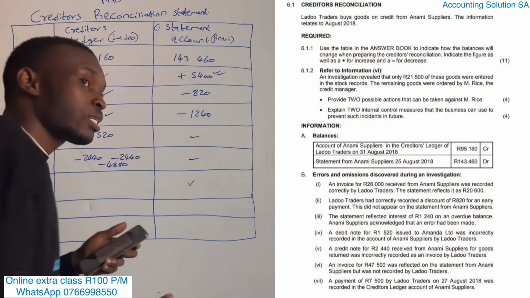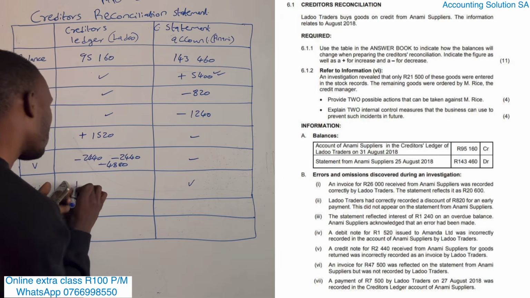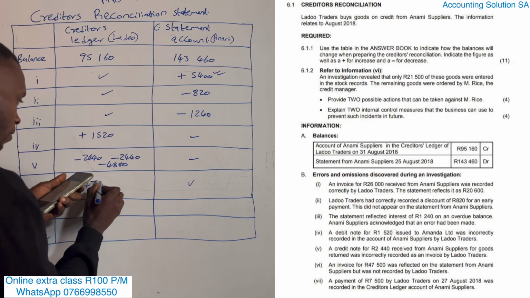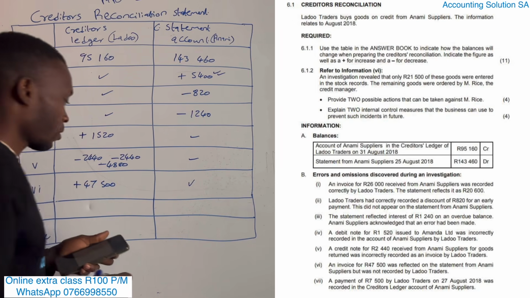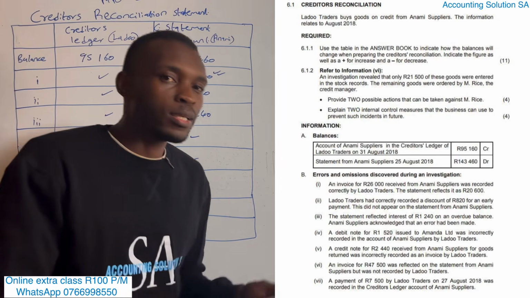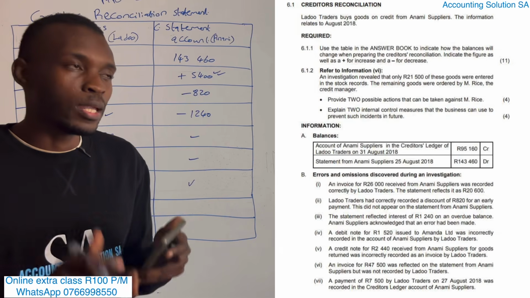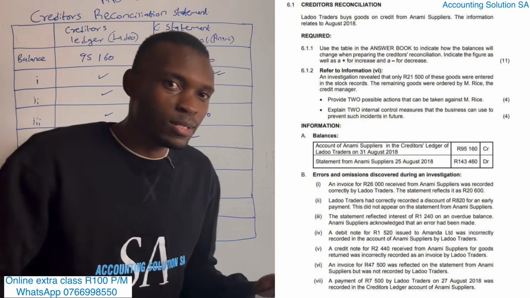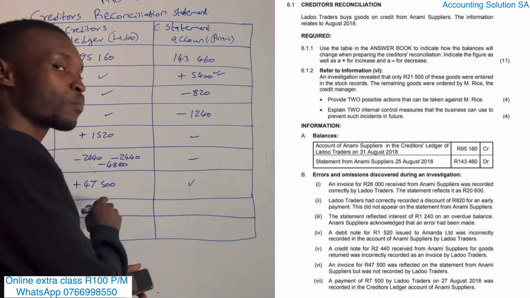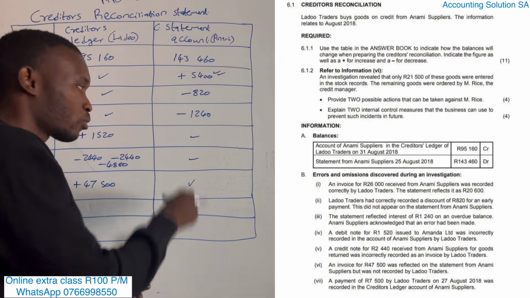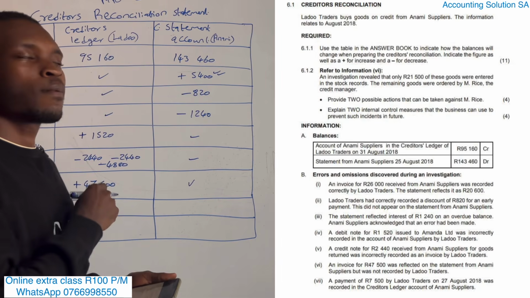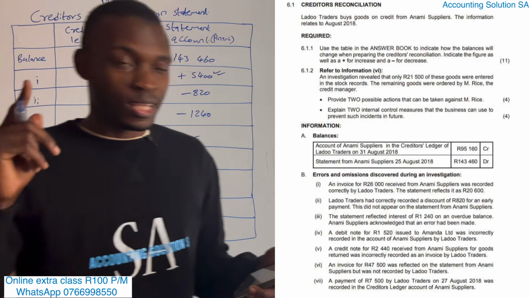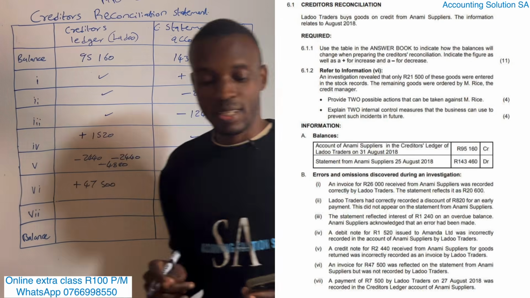Invoice is purchase, we increase the liability, and it must be plus 47,500. Just like that. Invoice is purchase on credit, and when we purchase on credit, we are increasing liability. When we increase liability, the statement will show plus. Even if it was this side, it was going to show plus. Very simple.